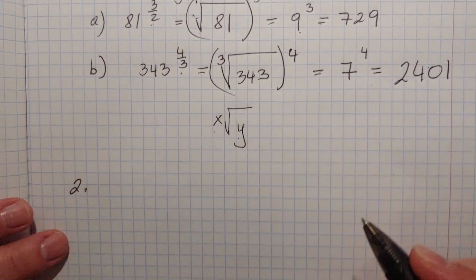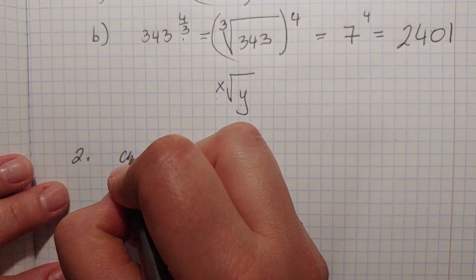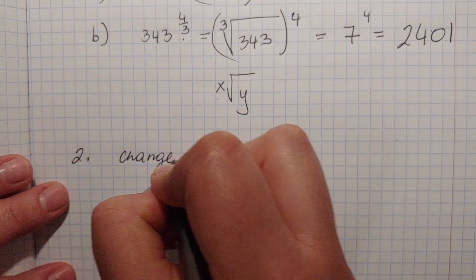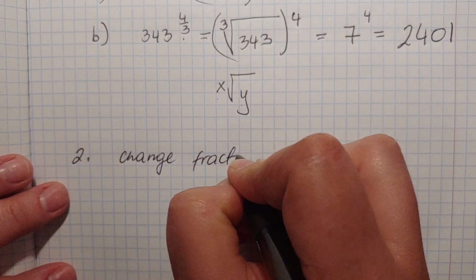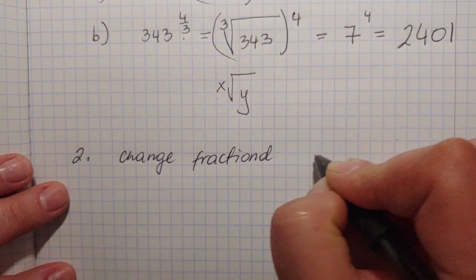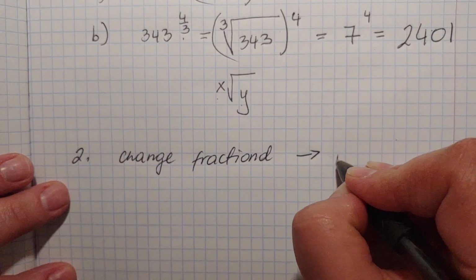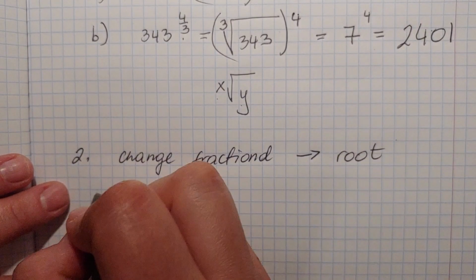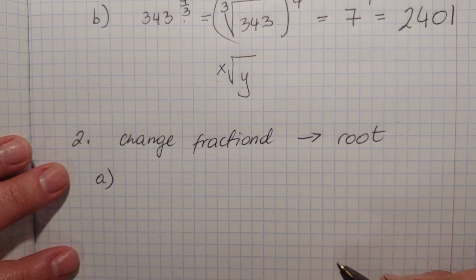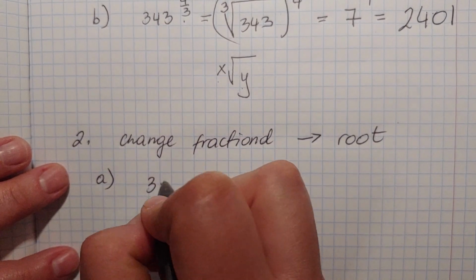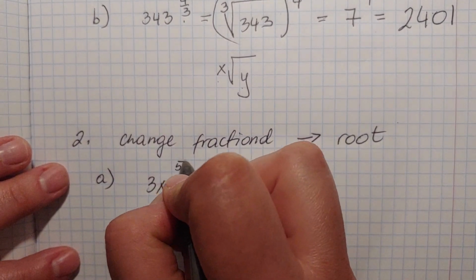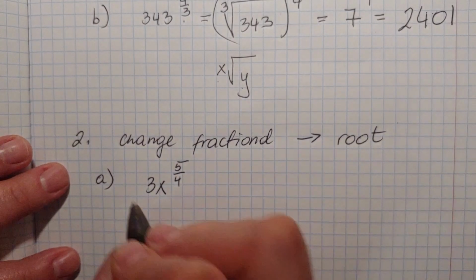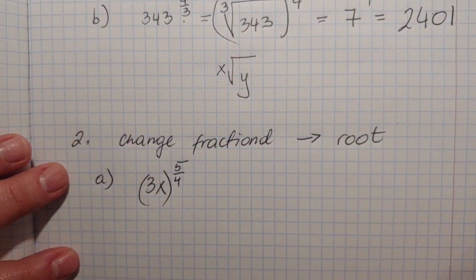Second part is changing fractional form into root form. Okay, so for example, (3x) to the power of 5/4. Everything is taken to that power.